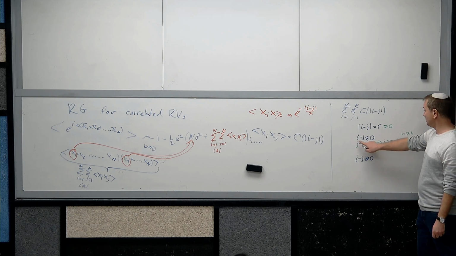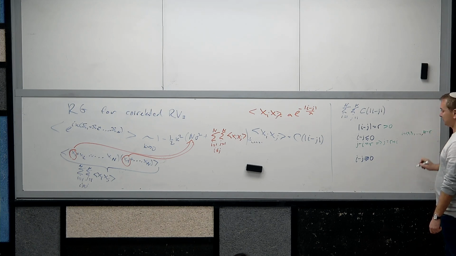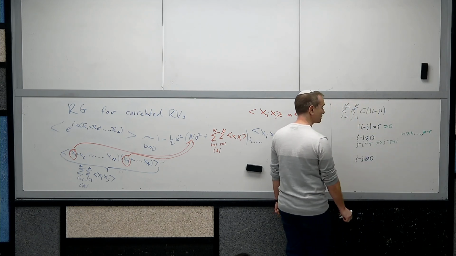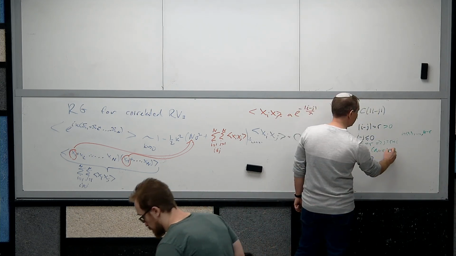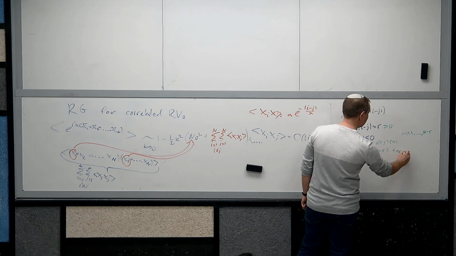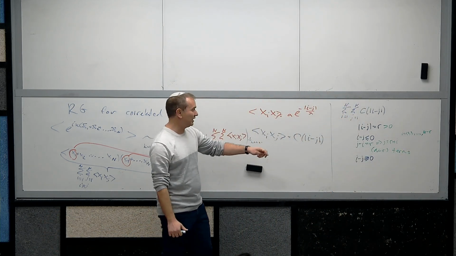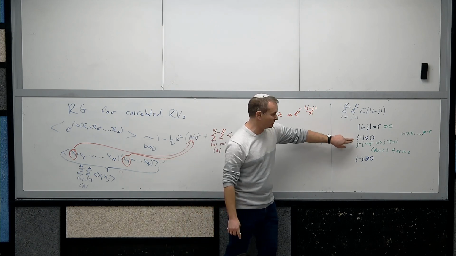Since j is limited by n, I know that i goes 1, 2, 3, 4 up to n minus r. Great. So in total I have n minus r terms. For given r, I have n minus r terms for i minus j smaller than 0.